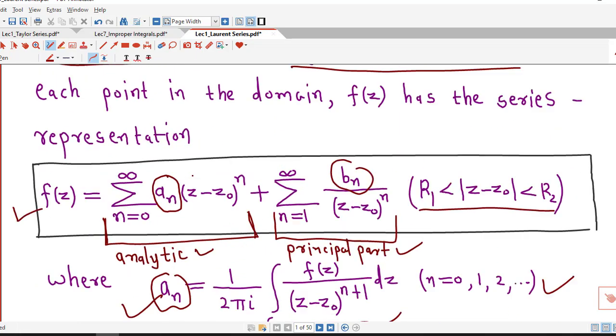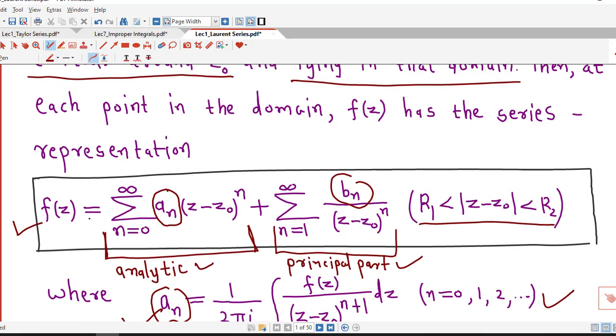So we will remember this series: f of z is given by sigma an times z minus z0 raised to n, plus sigma bn over z minus z0 raised to n, and this series is known as the Laurent series, and f of z has a Laurent series expansion which is valid in the annular domain.